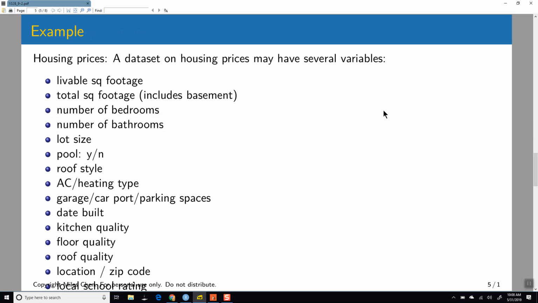But after you graduate and you're working, you might be looking for an apartment or a house, and you have all sorts of things to consider, right? Like which neighborhood. You probably want to talk to your colleagues at work about which neighborhoods are nice areas to live in and things like that, and those are all sorts of things to consider. And so you're going to have a bunch of these variables.